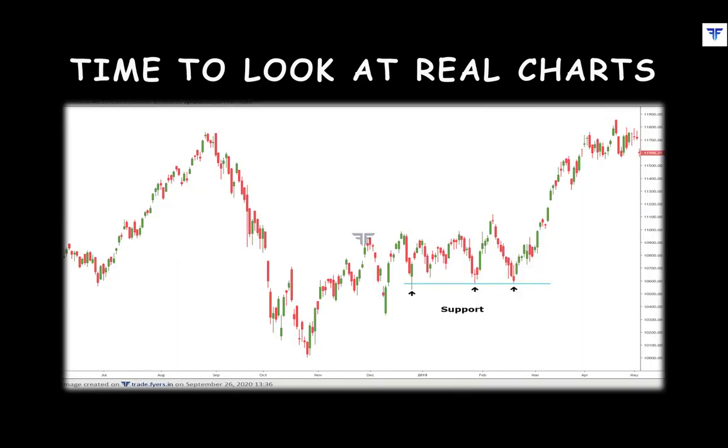Let us now look at some real-time charts to see how to apply the concepts we have talked about thus far. In the case of this chart here, see that the price reversed higher right from the vicinity of a prior low.